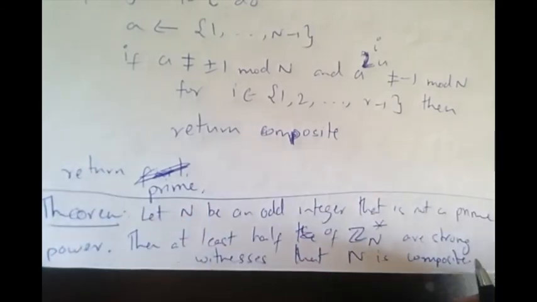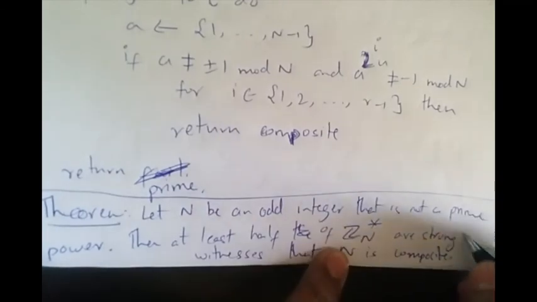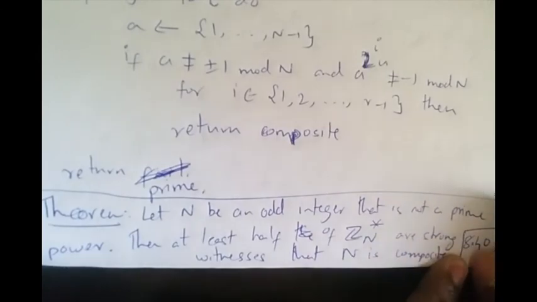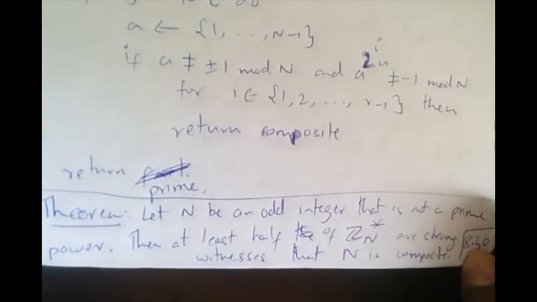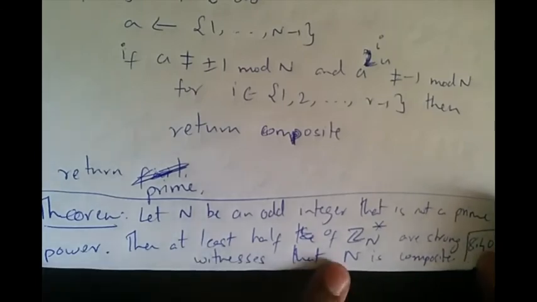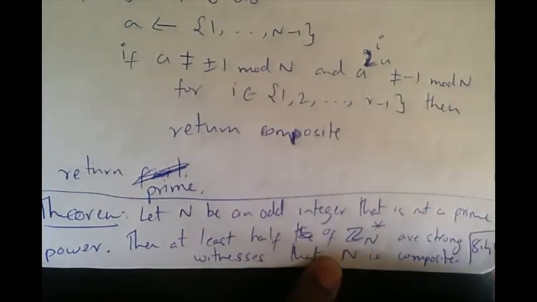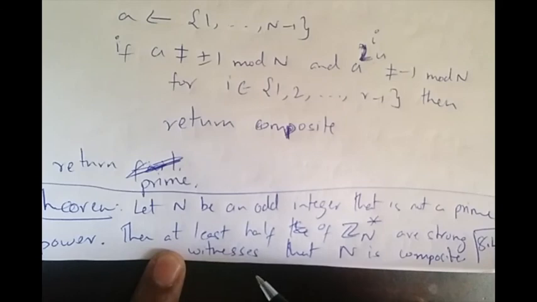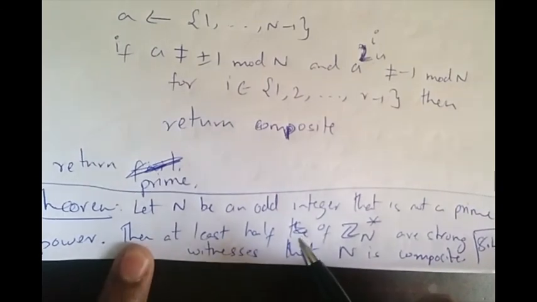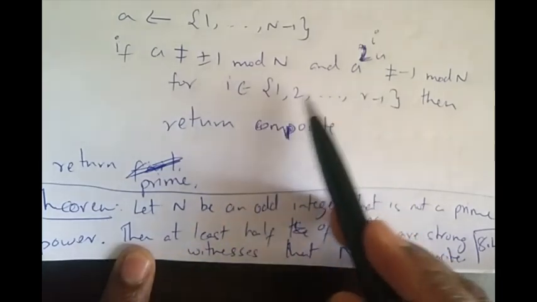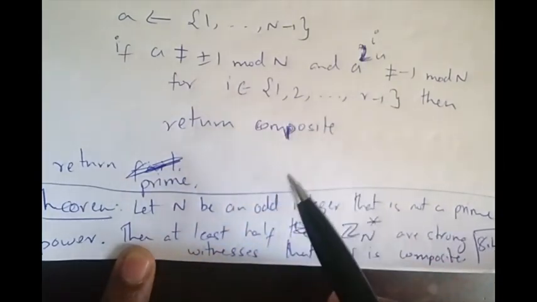This theorem is theorem 8.40 in the book, so I encourage you to look at the proof. I'm going to skip the proof, maybe due to time reasons, because this lecture has already gone on for too long. This theorem gives us confidence that if n is prime, then this pattern will always be violated, and we'll never return composite.